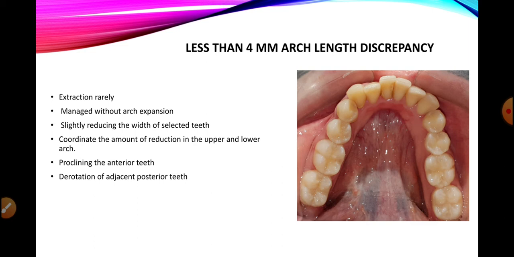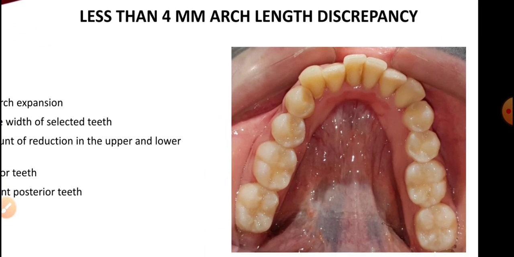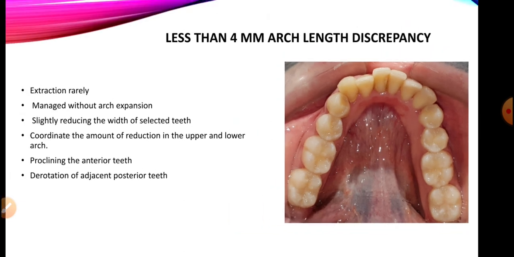Or derotation also provides space. So in cases of mild crowding, either derotation or proclination or stripping or IPR or arch wire expansion can be done, and extractions are rarely considered. As we can see, there is minimal crowding in this arch, so this crowding is dealt with in this way.